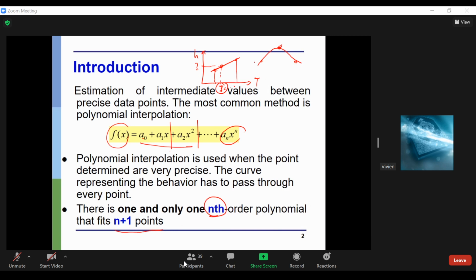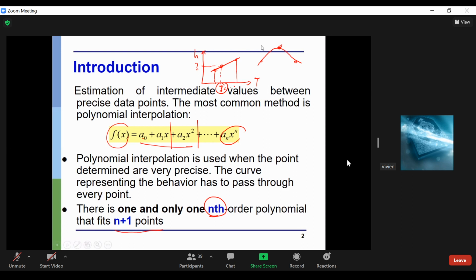If we have 3 points, the highest order of accuracy that we can get is second order. If we have 5 points of data, the highest order that we can use to approximate the data is fourth order.